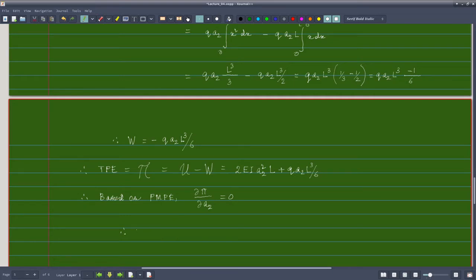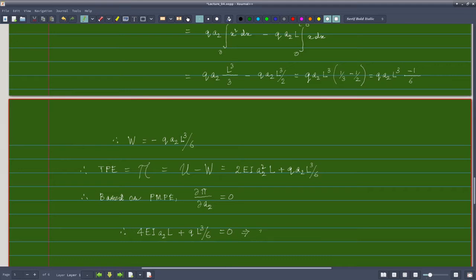Therefore del pi by del A2 is 4 EI into A2 into L plus Q L cube by 6, and this is equal to 0. And hence from here what is the value of A2?